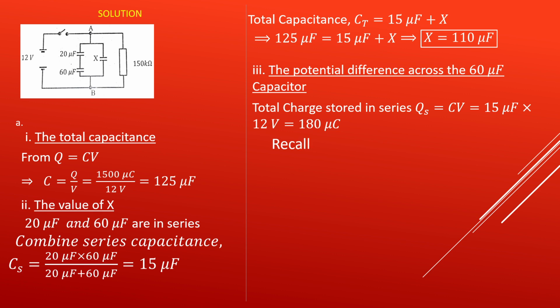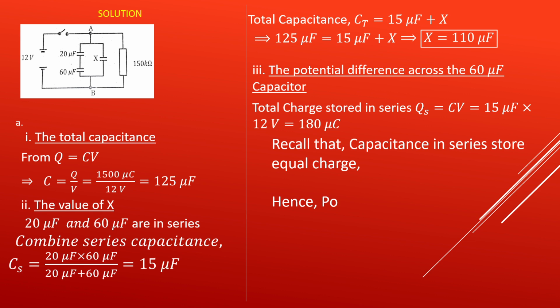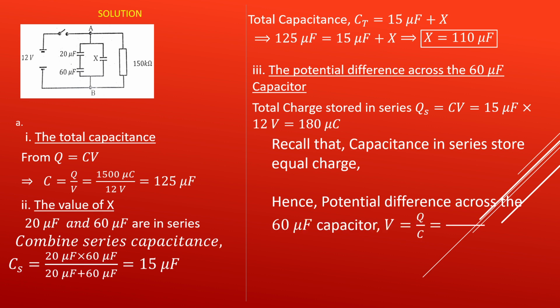Now to calculate the potential difference across the 60 microfarad capacitor, we recall that capacitors in series store equal charge. Hence the potential difference across the 60 microfarad capacitor will be equal to Q over C, which is 180 microcoulomb over 60 microfarad, which implies that V across the 60 microfarad is 3 volt.